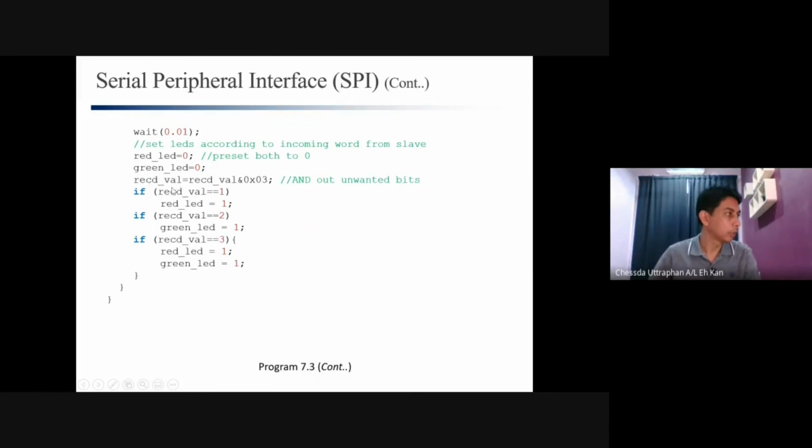And we end with 0 3. So when switch 1 is pressed, we will receive 1 0 0 0 0 1, and we end with 3, 0 0 1 1.